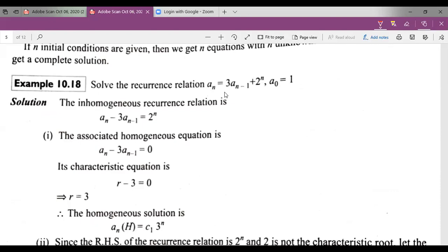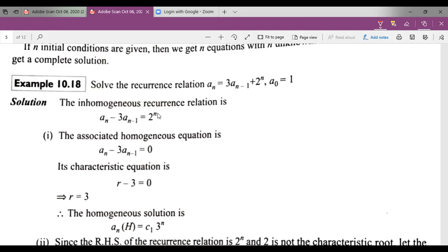This is a non-homogeneous recurrence relation with RHS term 2 to the power n. The recurrence relation is a_n - 3 a_(n-1) = 2 to the power n.